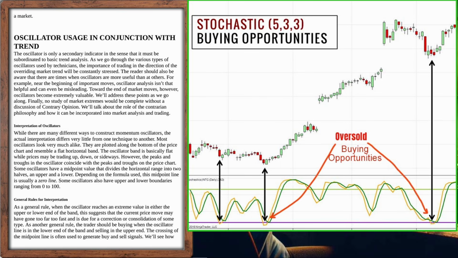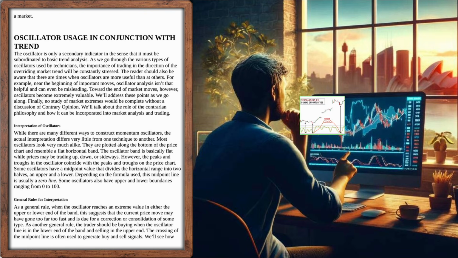For example, near the beginning of important moves, oscillator analysis isn't that helpful and can even be misleading. Toward the end of market moves, however, oscillators become extremely valuable. We'll address these points as we go along. Finally, no study of market extremes would be complete without a discussion of contrary opinion. We'll talk about the role of the contrarian philosophy and how it can be incorporated into market analysis and trading.